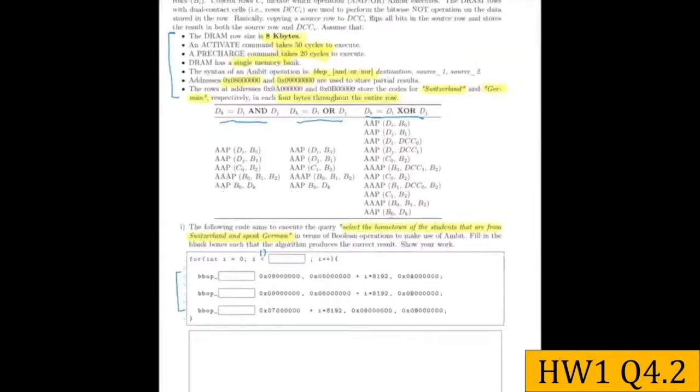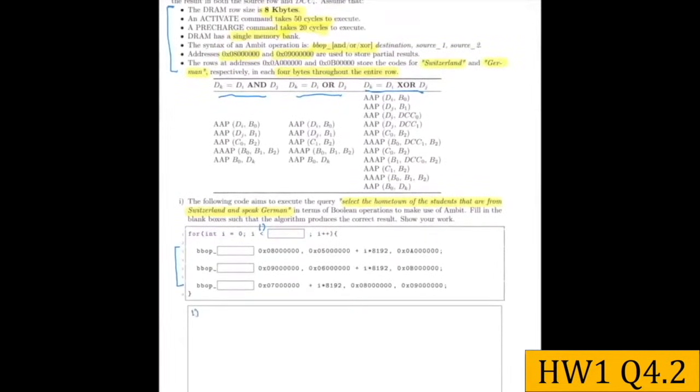So let's do the first thing first. How many times is this loop going to execute? You have a DRAM row that is 8 kilobytes, which is 2 to the 13.